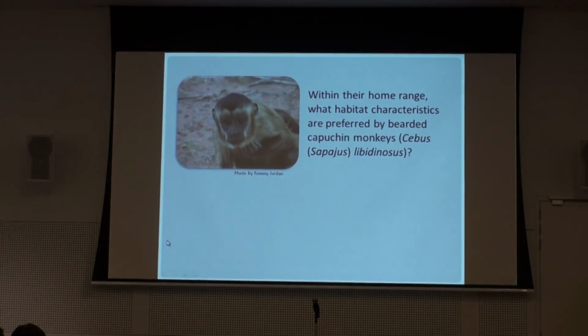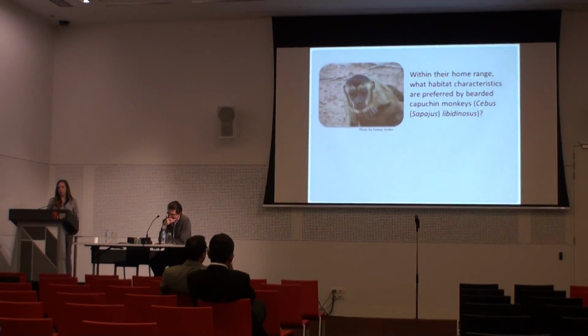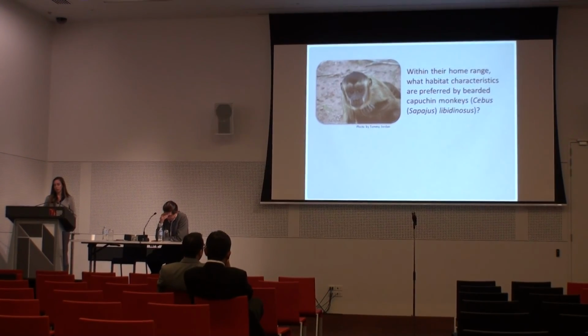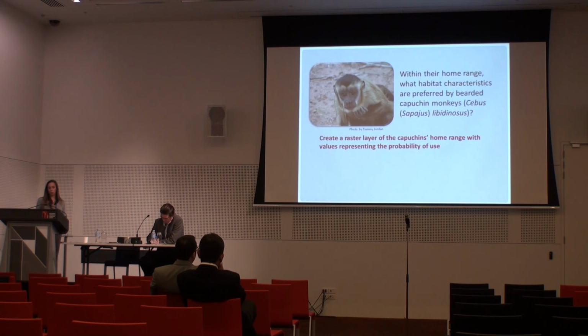So as I said before, the question that we're interested in answering spatially is, what habitat characteristics are preferred by these monkeys as they move through their home range? So we wanted to create a raster layer of the probability of any particular pixel in the landscape being used by the capuchin monkeys in their daily movements, and that would be in terms of probability of use.